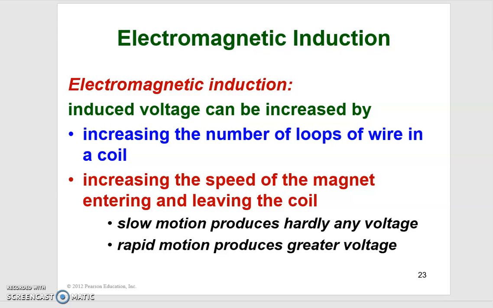And now we study that if you try to change the number of loops in the coil carrying the current, you will find that changing the current there can produce an induced EMF.